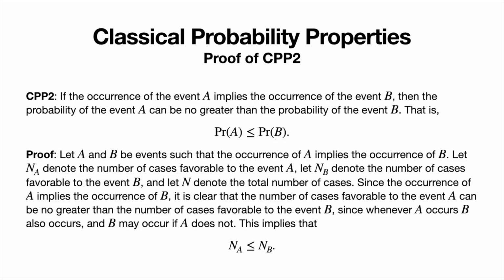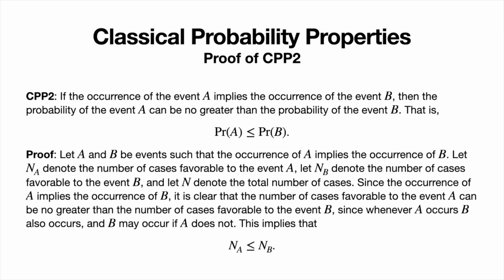So let A and B be events such that the occurrence of A implies the occurrence of B. Let N sub A denote the number of cases favorable to the event A. Let N sub B denote the number of cases favorable to the event B. And let N denote the total number of cases.